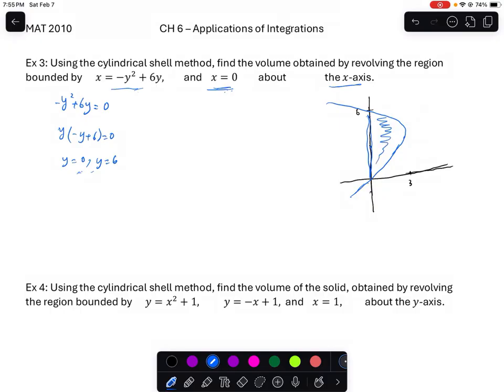And we have rotated about the x-axis, so kind of this is what we get.